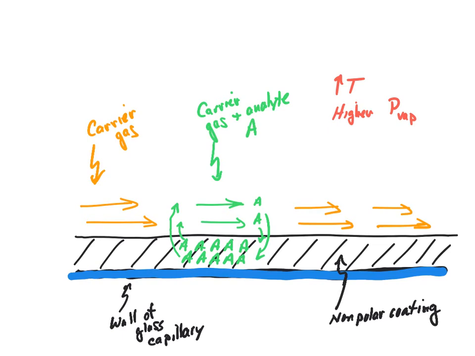And so it tends to move through the column by evaporating, moving, and then partitioning back in. And then it evaporates, moves, and partitions back in. And so it tends to roll down the column like this, moving into the carrier gas, moving a little ways, partitioning back into the nonpolar phase.